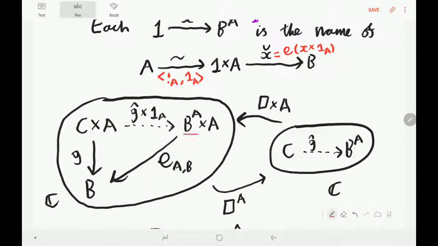This arrow E from B to the power of A times A to B has a property, because it's a terminal morphism.